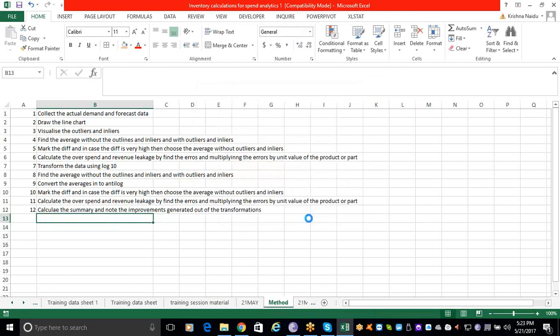Okay, so this is a summary of the class. So this is how we actually calculate the spend leakage after doing the forecasting.